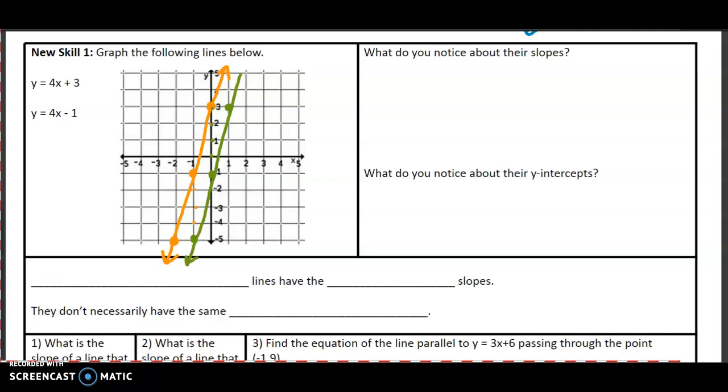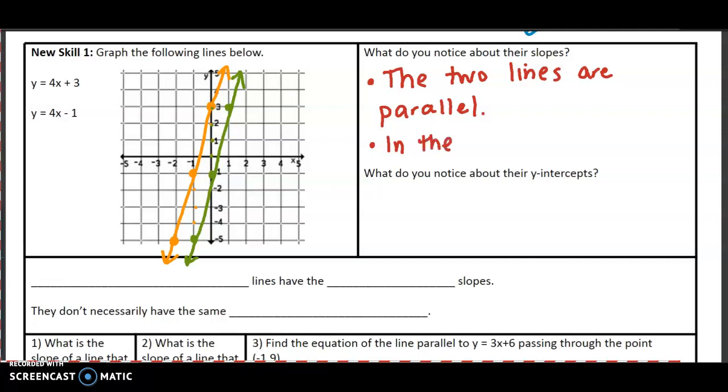So you should notice something about these two graphs. Go ahead and write that down. What you should have put was that the two lines are parallel, and that in the equation, their slopes are equivalent.